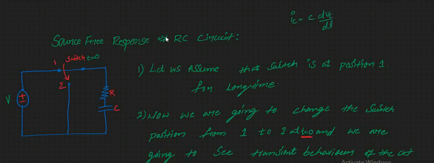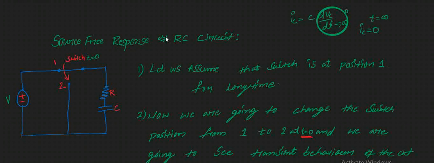A long time is nothing but t tends to infinity. If t tends to infinity, this total term becomes 0, so IC tends to 0. If the current through the capacitor tends to 0, the capacitor acts as an open circuit.